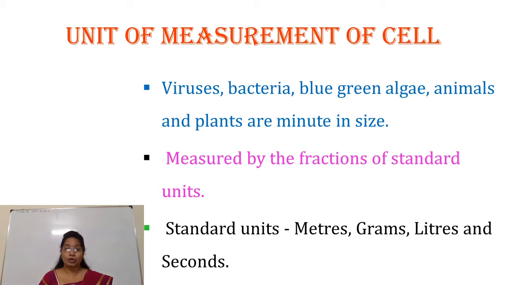So, how can we measure them? For the measurement of such type of microorganisms, we have to make fractions of standard units. As we know, the standard units of measurement are meter, gram, liter and seconds.